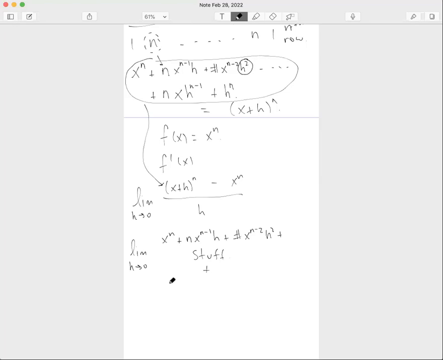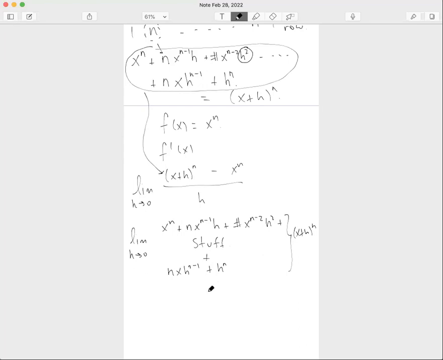And then what are my last two terms? I have n x h to the n minus 1 plus h to the n. This is x plus h to the n, and I have minus x to the n, and this is all over h. All right, everyone see that? All I'm doing is plugging in what we found above for this here. Is that okay?